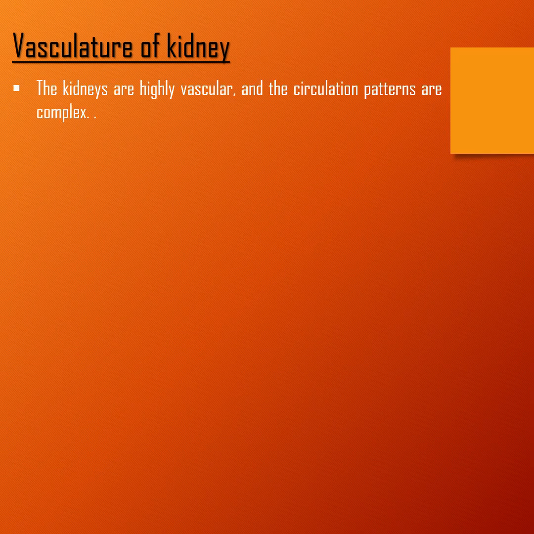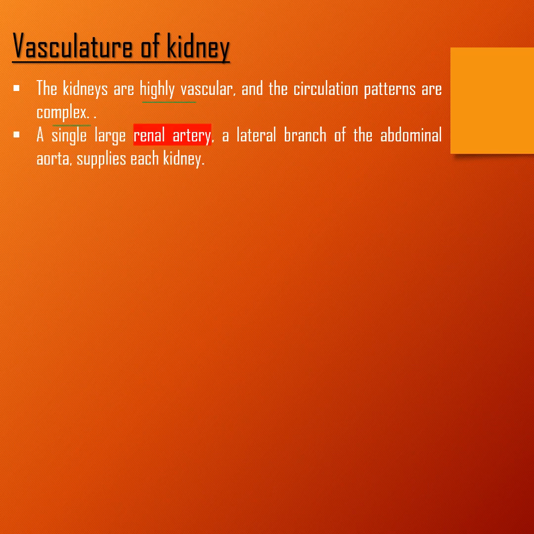Vasculature of the kidneys. The kidneys are highly vascular. The circulation patterns are complex. A single large renal artery, which is a lateral branch of the abdominal aorta, supplies each kidney.